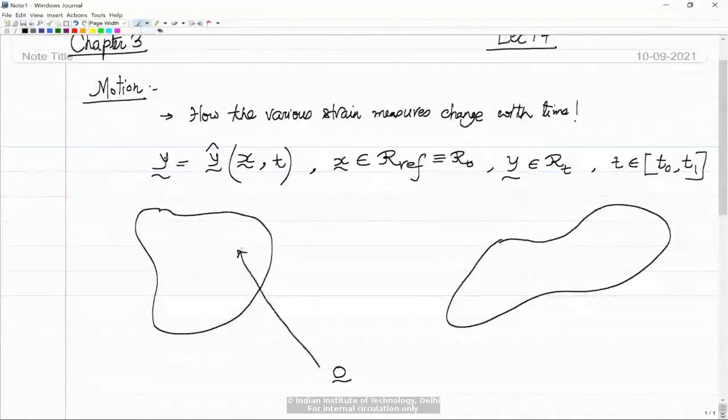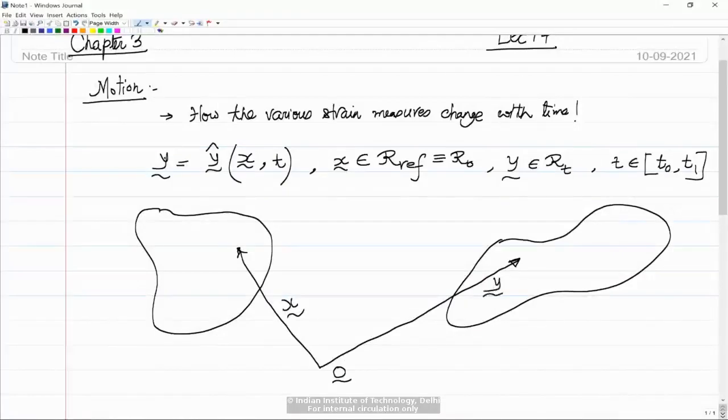The position of the particle in the reference configuration is small x, and its position in the deformed or current configuration is small y. This is a function of x and also time t. And this is the displacement, measured relative to the reference location of the particle, so that's u of x comma t.